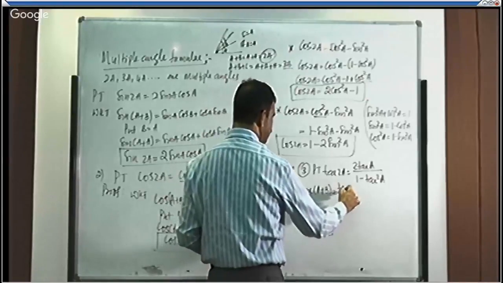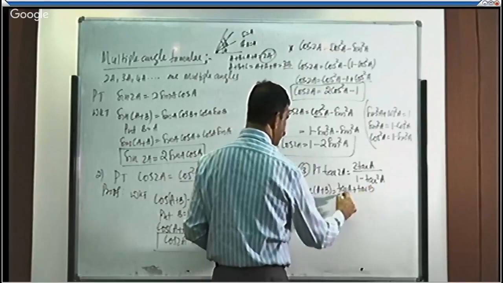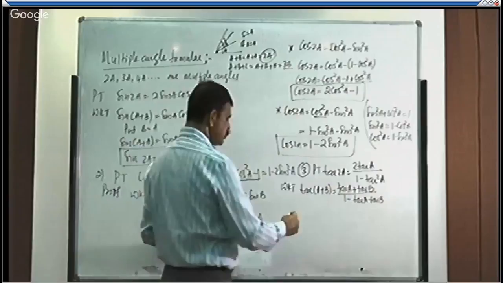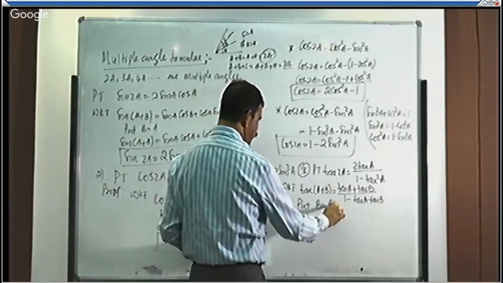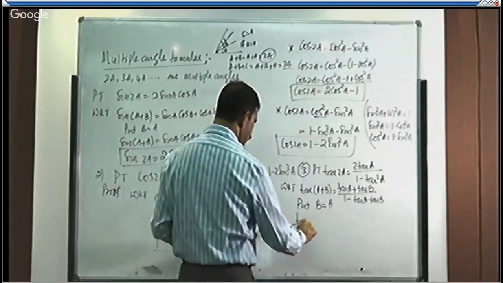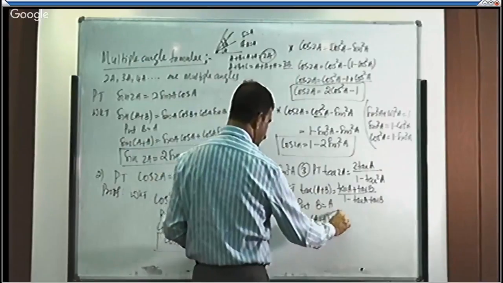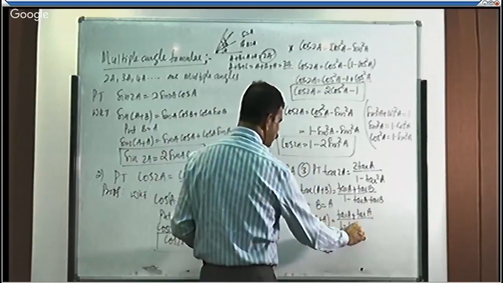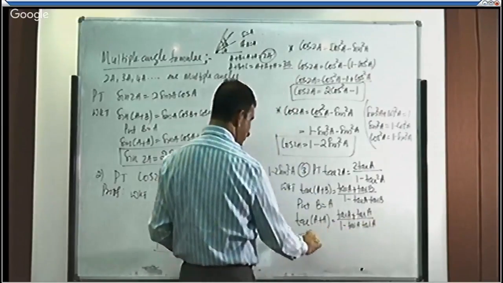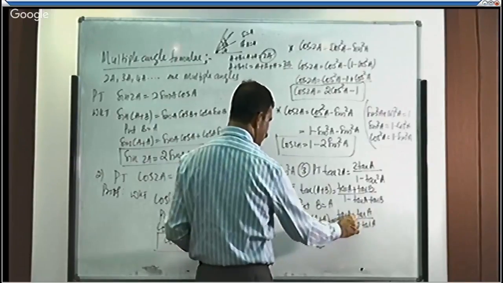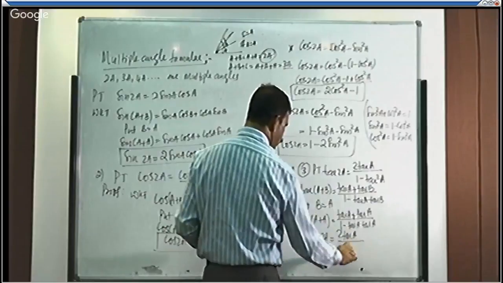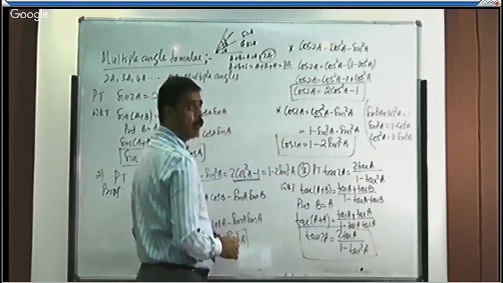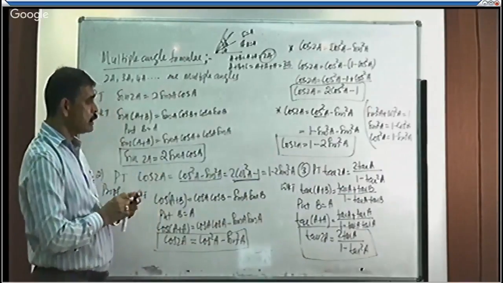Tan of A plus B is tan A plus tan B divided by 1 minus tan A tan B. Just put B is equal to A. That is tan of A plus A is equal to tan A plus tan A, because we have taken B is equal to A, divided by 1 minus tan A into tan A. Tan A plus A is tan 2A, which is equal to tan A plus tan A, 2 tan A, whole divided by 1 minus tan A into tan A, tan square A. These are the trigonometric ratios for 2A.